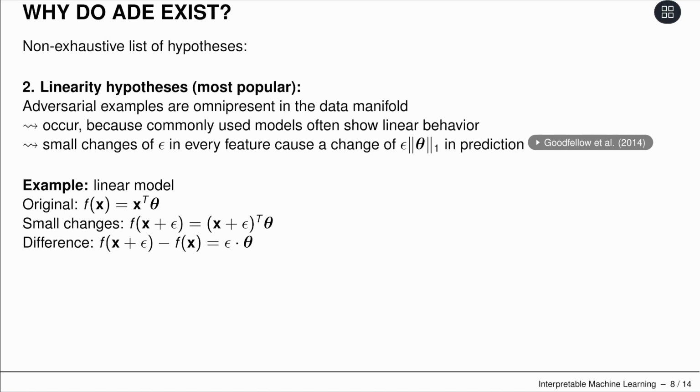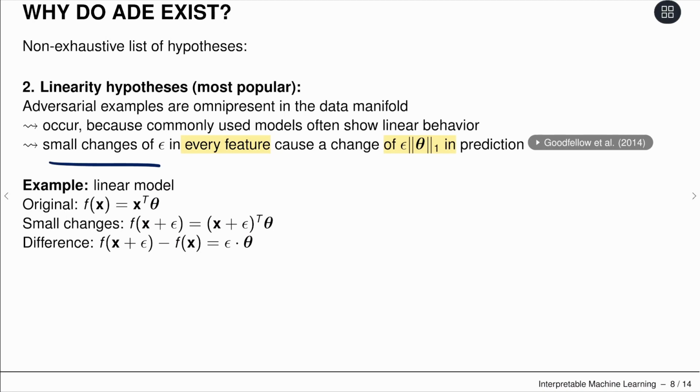If we have this kind of linear behavior, that simply means that small changes of epsilon in every feature cause a big change in the overall prediction, right? So if we always have an epsilon change in all kinds of features, and we maybe have many of these, think about images again. Each of your pixels is one of your features, right? And if you're always adding a small bit of noise to it, that will change quite a bit, right?